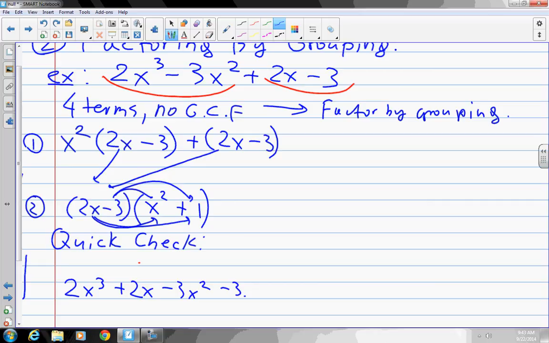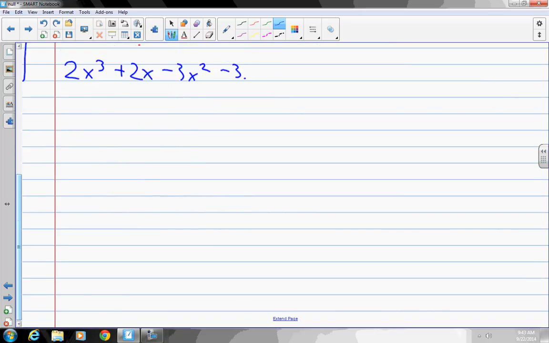Okay, let's try another one. So let's do 4x cubed minus 8x squared minus 6x plus 12. Do I really want a 6x?